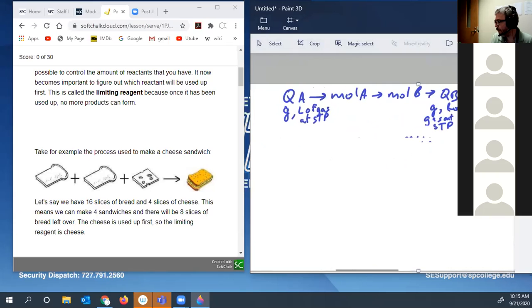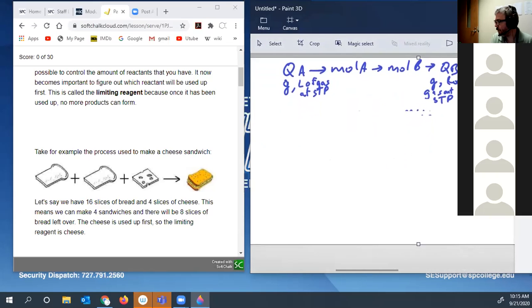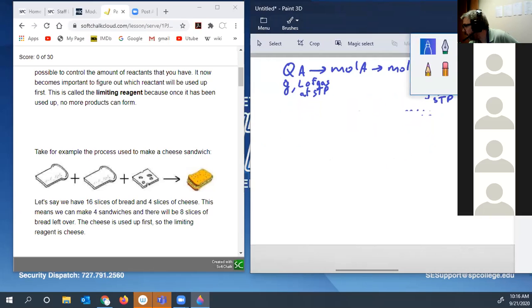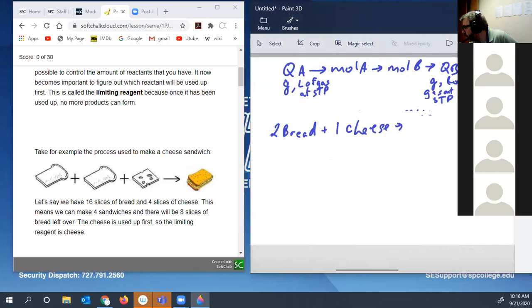So if we had 2 slices of bread and 1 cheese, that's our reaction, and gives 1 cheese sandwich.